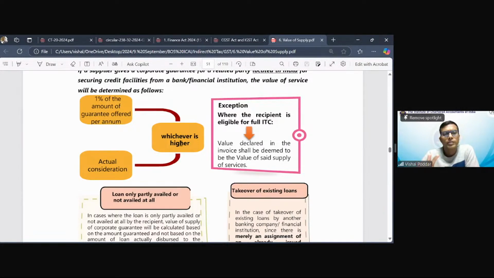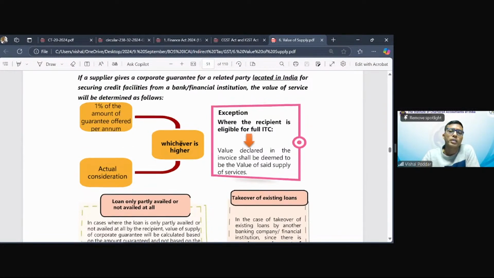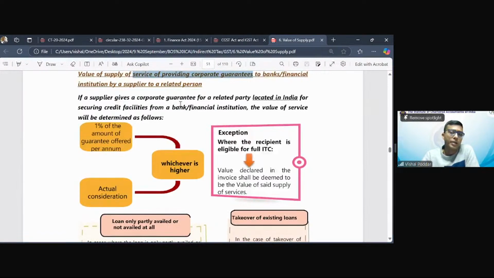So the simple answer is, firstly, what is the transaction? Understand what is corporate guarantee. The director stands as a guarantor for its company so that the bank can give a loan to the company. So the bank gives a loan to the company on the basis of the director's guarantee. This is the transaction. Here the service is the service of the director to its company. The service is called the service of corporate guarantee.